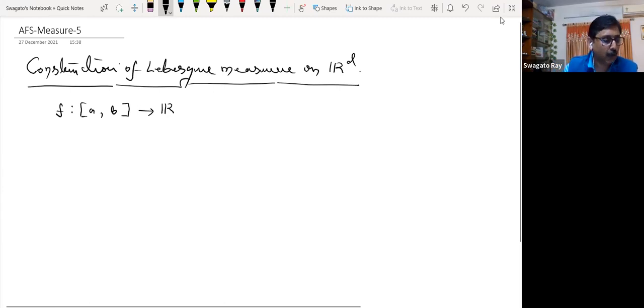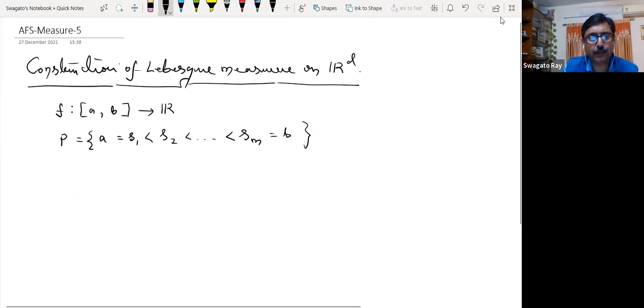Now you start with any partition P, the standard way. No, let's not use this symbol, I will use a different symbol. Let's write a equals s_1 less than s_2, and so on, up to less than s_n, which equals b. So take a partition like this.